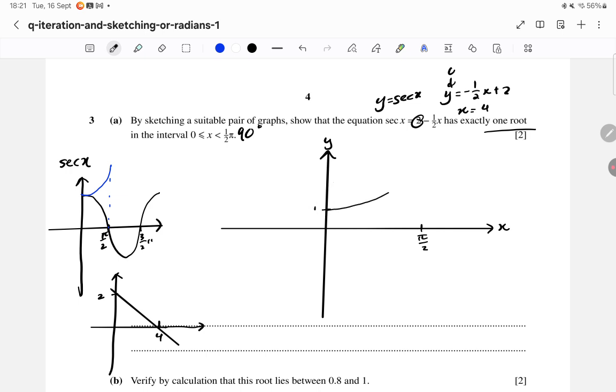And our other graph, don't forget y equal to secant x, starts at a y-intercept of 2, so we're just going to draw it something like that. Okay, so like you can see, I'm just going to label it plus 2, and this is our only root.